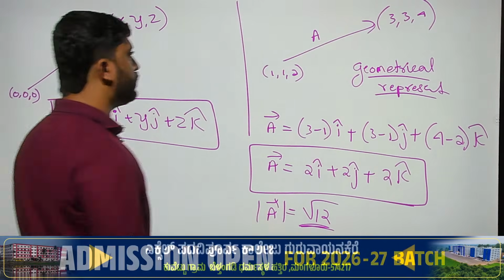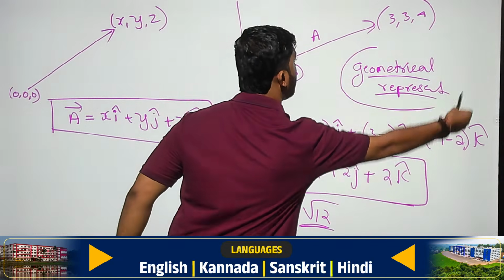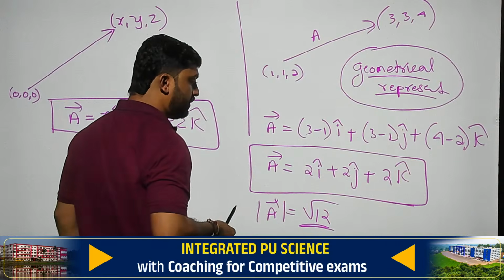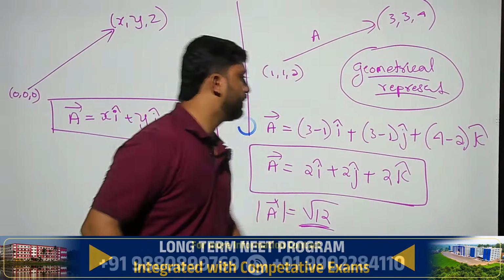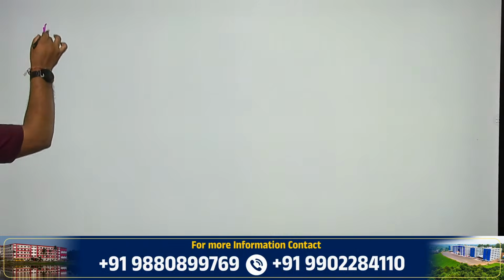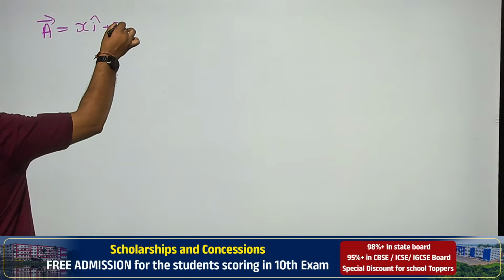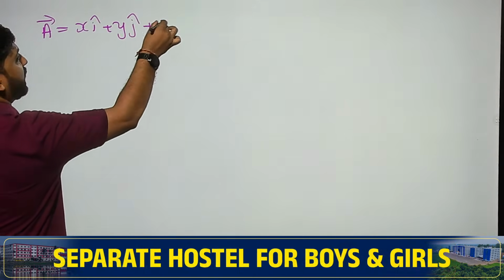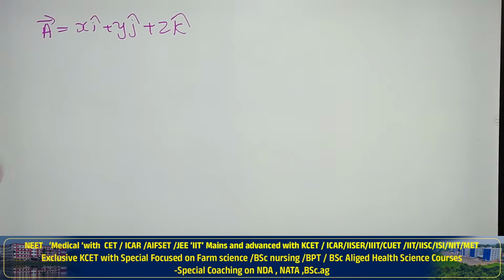Okay, you should be able to represent a vector in geometrical as well as mathematical form. Okay. So, if A vector is represented as xi plus yj plus zk, what will be the magnitude?